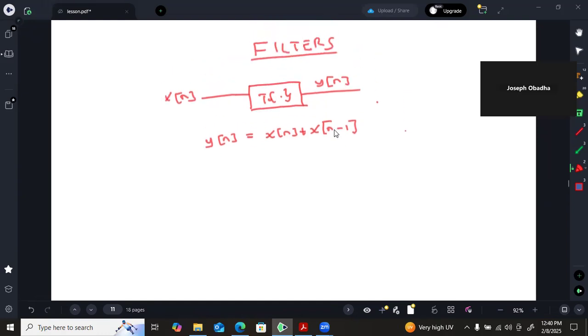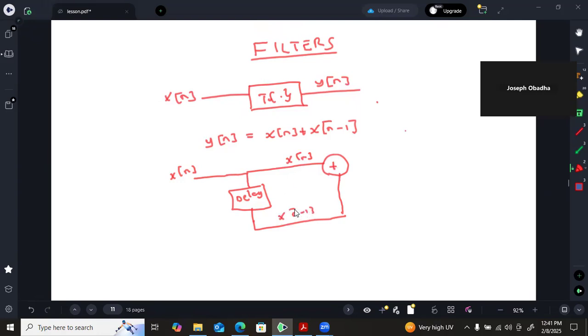In fact, if I were to draw this, you have an input x of n, and you need to pass it through a unit delay, and then you sum up the delayed version with the part which is not delayed, to obtain the output y of n.